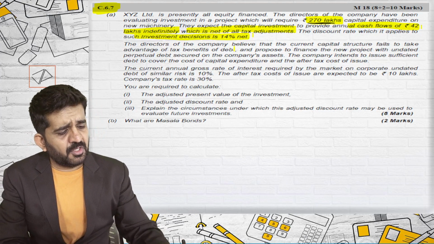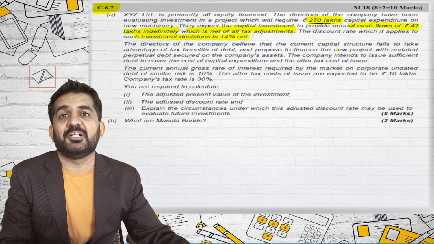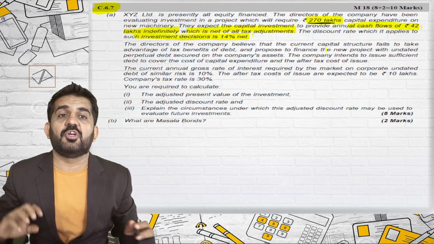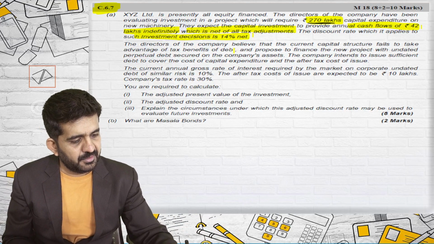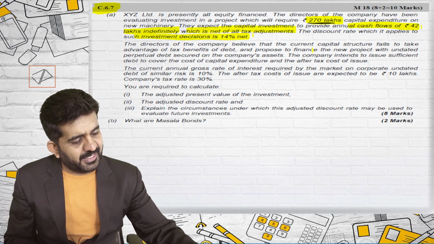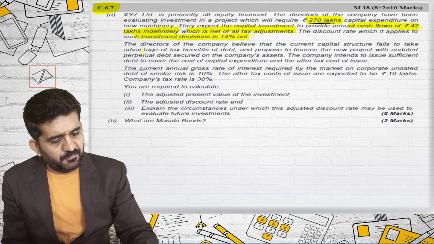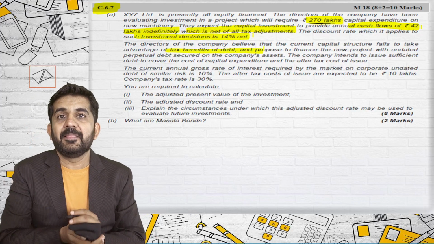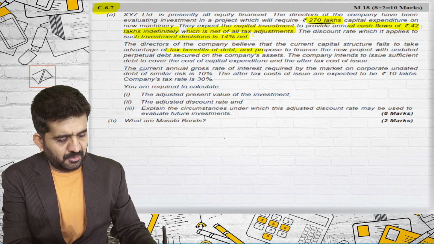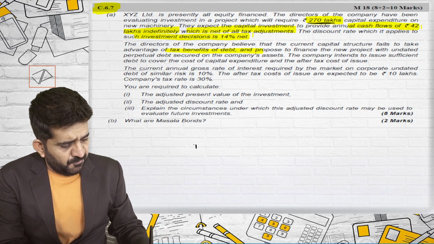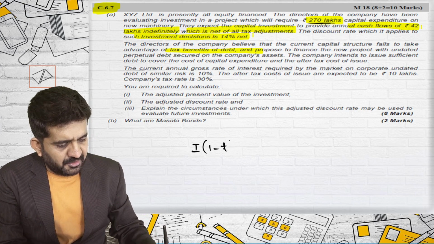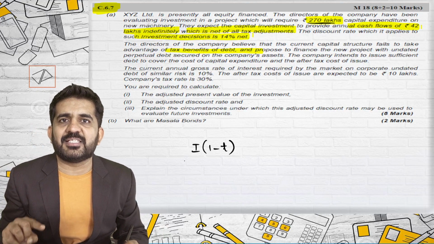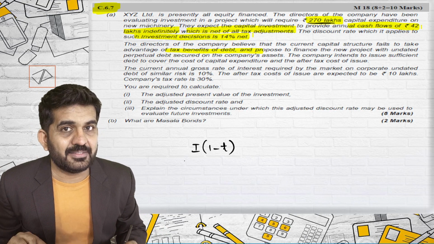The directors of the company believe that the current capital structure, now believe me, this is a mixed question of capital structure and capital budgeting, fails to take advantage of the tax benefit of debt. Now you have done this in your cost of capital, right? If you find out cost of capital with interest, you do 1 minus T, because interest will reduce your taxable profit and hence will reduce your tax.